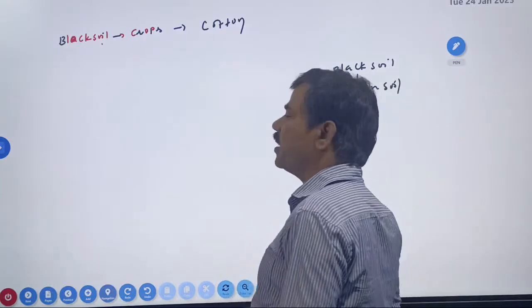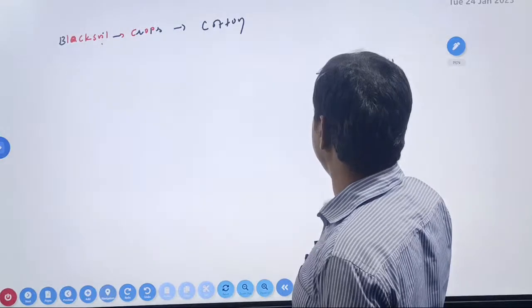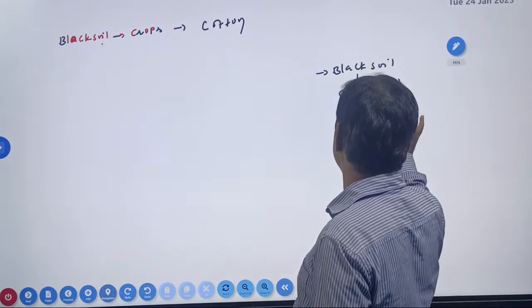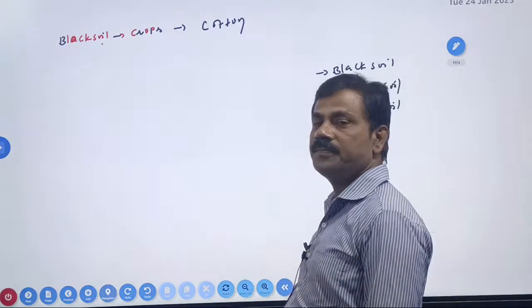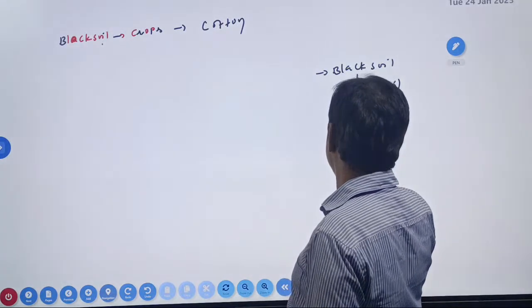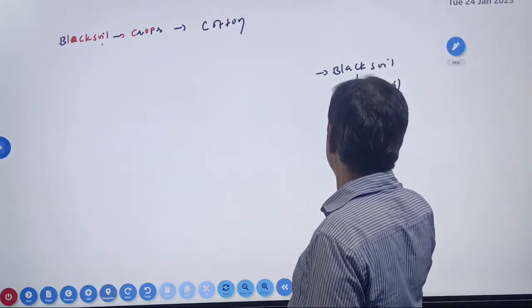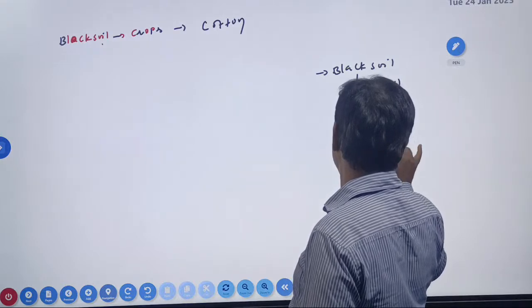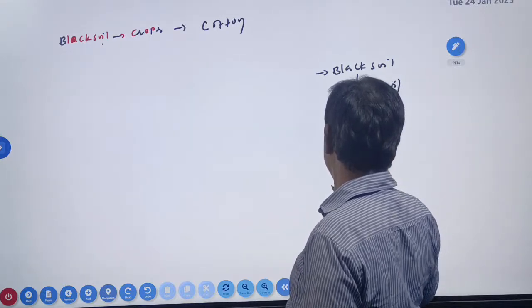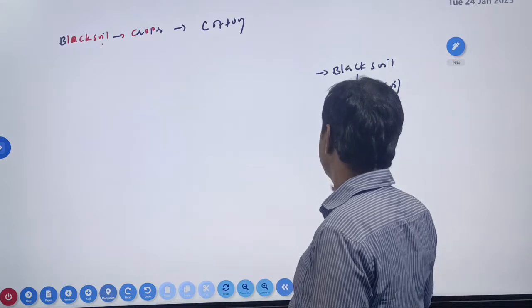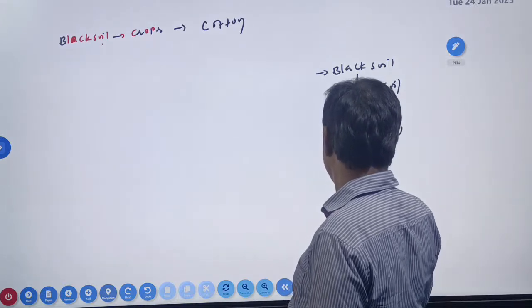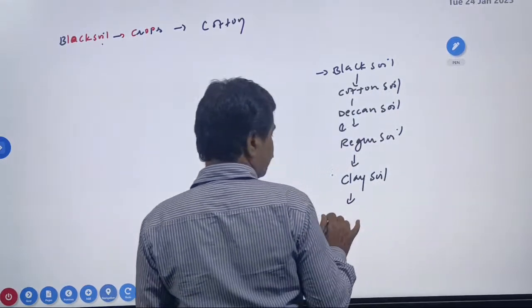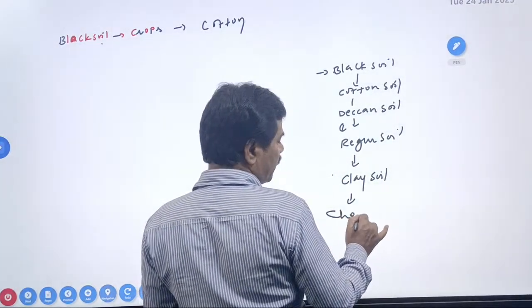This is another name of black soil: cotton soil, Deccan soil, and also Regur soil, clay soil, or Chernozem soil.